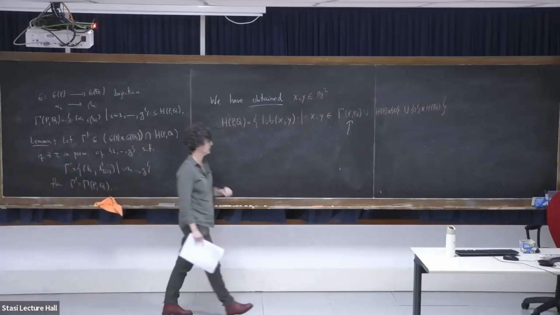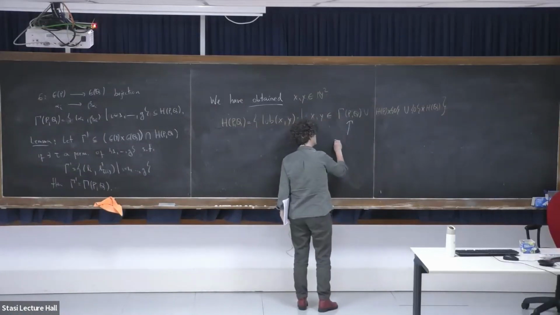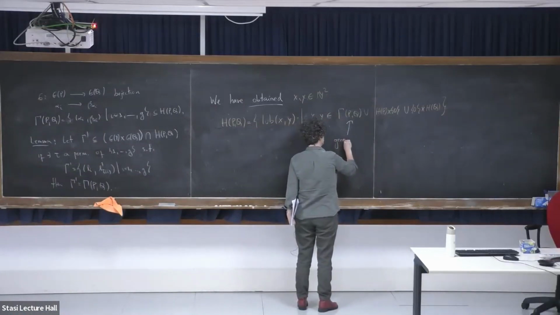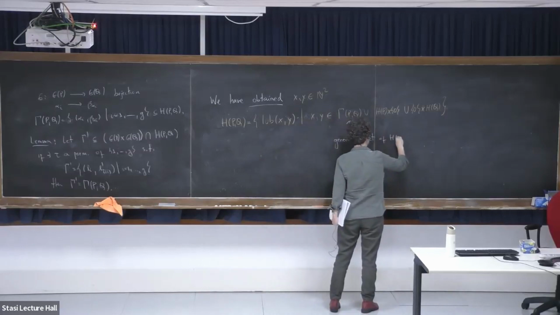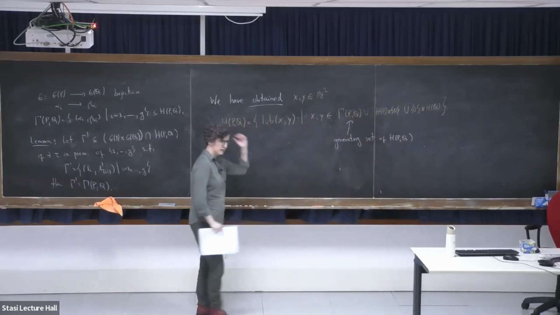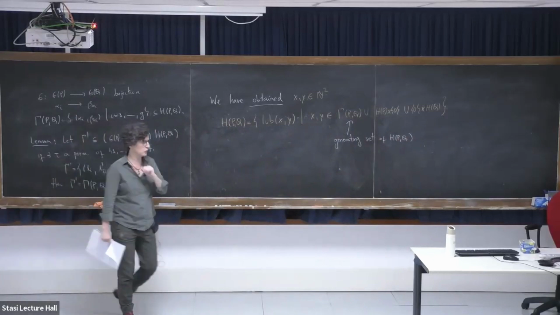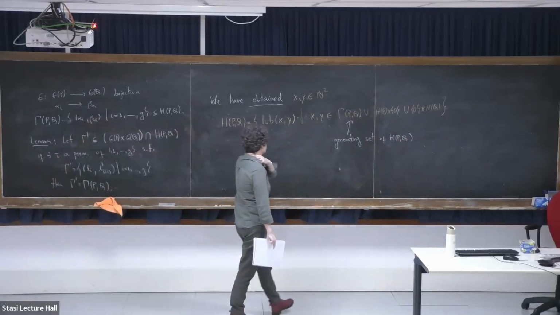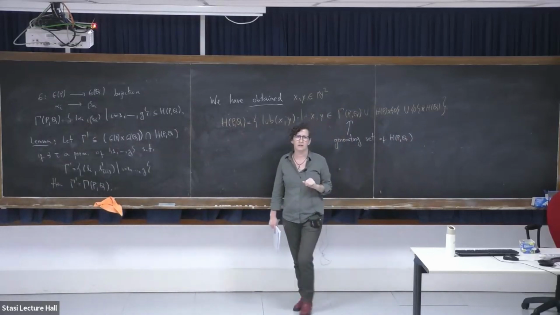That's going to work. Okay? So this is why we call this a generating set for the Weierstrass semigroup, generating set of H_PQ.